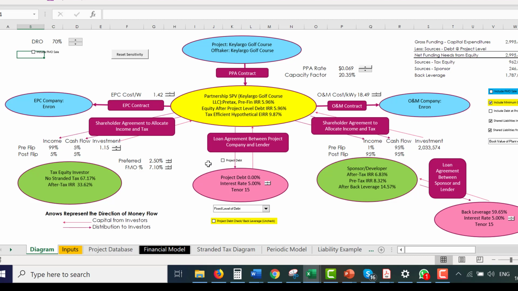This debt can be at the project level. And if it's at the project level, then these two investors only get paid after the debt is repaid, like any debt. And so when you make your partnership analysis first, you can then put some debt inside this partnership, and then equity is paid after that. And I call this project debt.